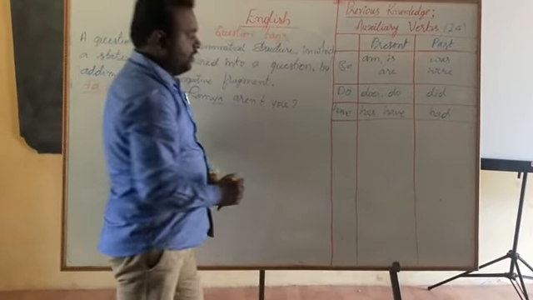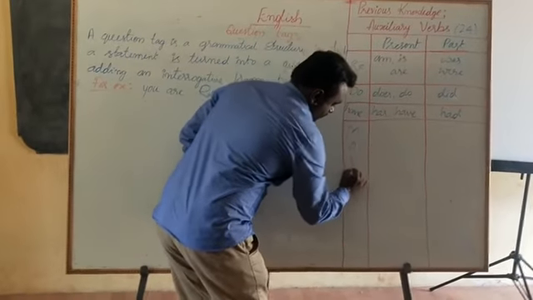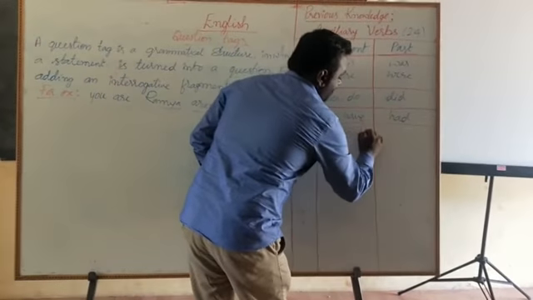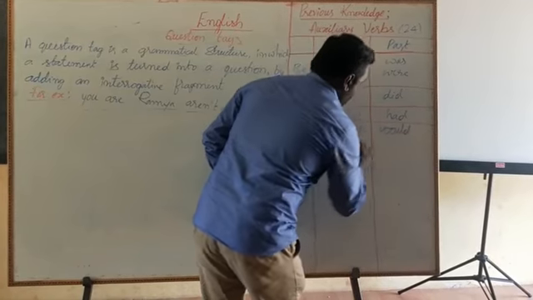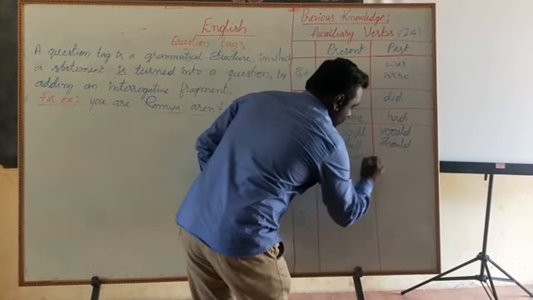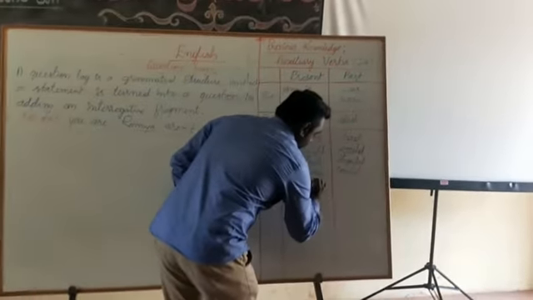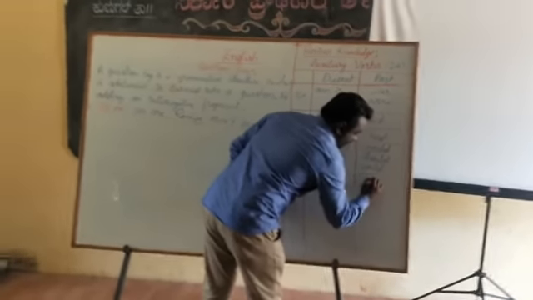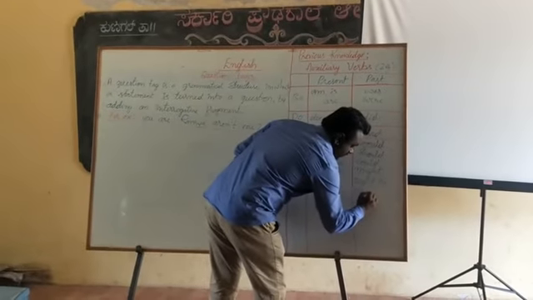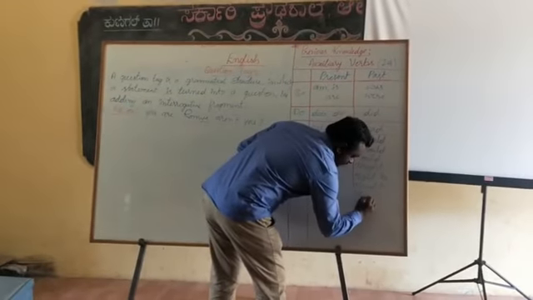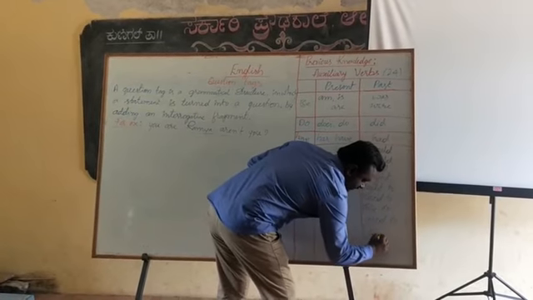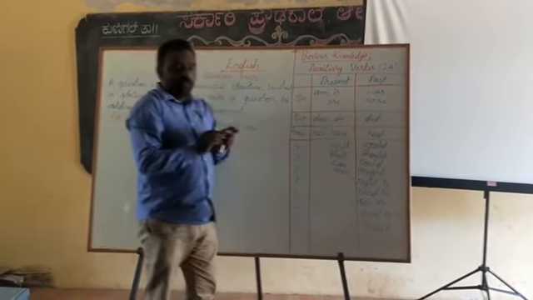And the remaining are modals, namely will, would, shall, should, can, could, may, might, ought to, need to, dare to, used to, and must. So these are the 24 auxiliaries.